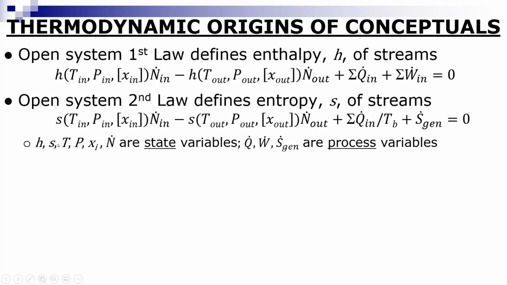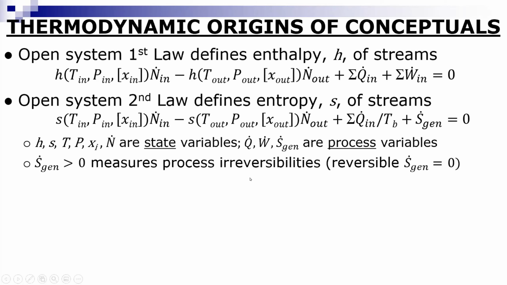Now, the enthalpy, entropy, and so forth are state variables, whereas heat, work, and entropy generation are process variables. These will depend on what the process is doing. These will depend only on the state associated with what's going in and out.